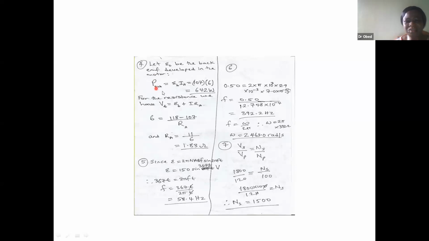The mechanical power output is given by the back EMF times the armature current. The back EMF is 107, the armature current is 6. 107 times 6 gives us 642 watts. You can evaluate that now.